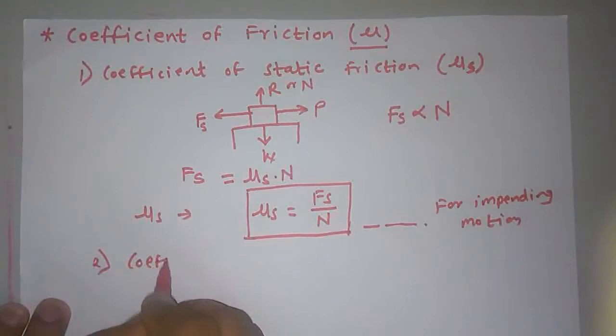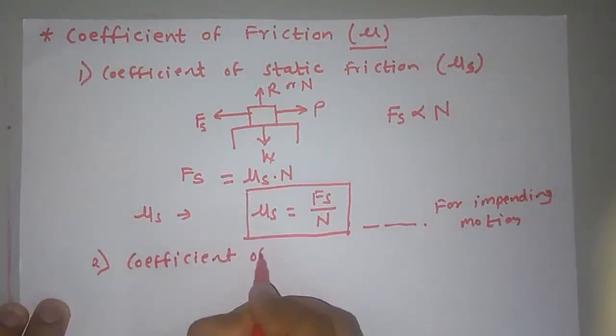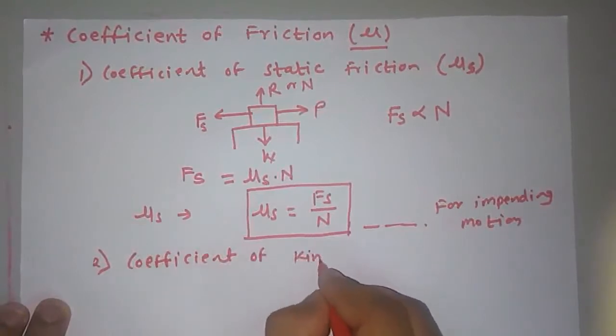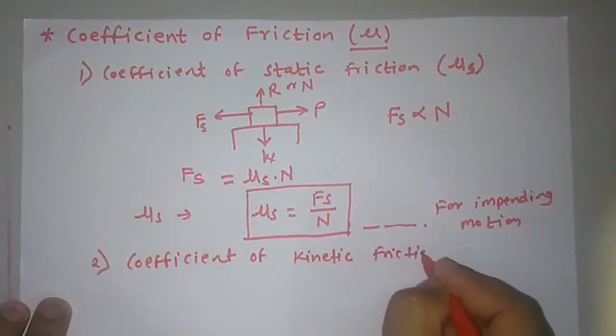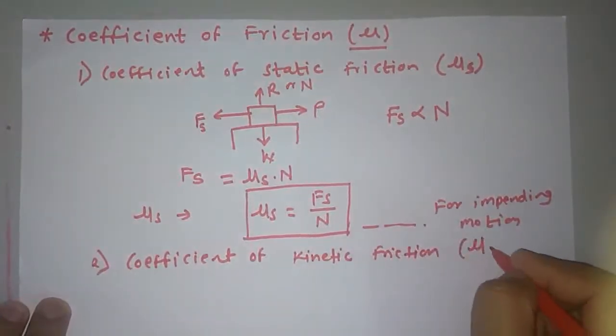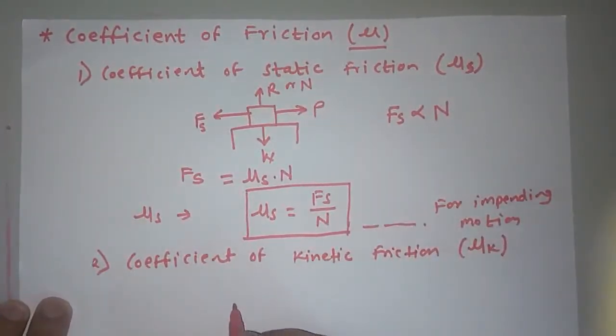And the second type of coefficient of friction is coefficient of kinetic friction, that is dynamic friction, and this we denote by mu k.